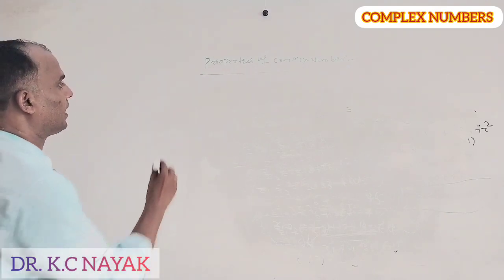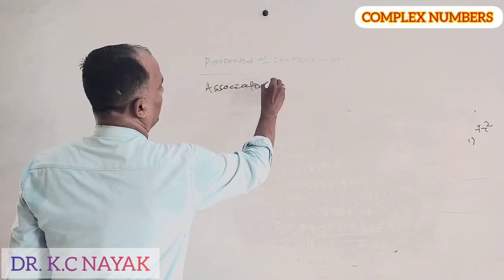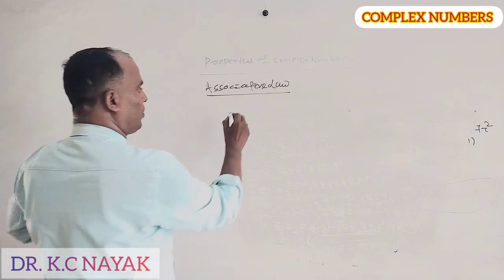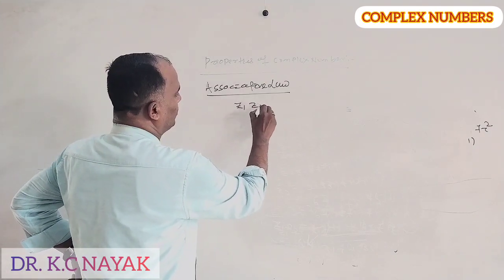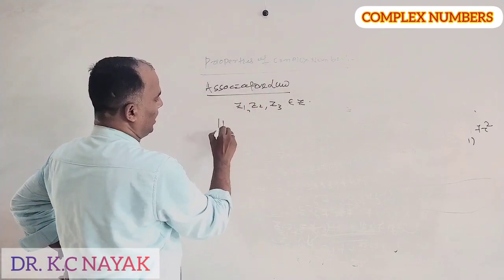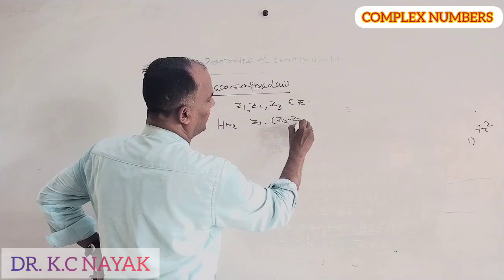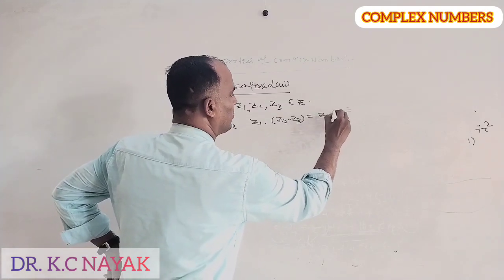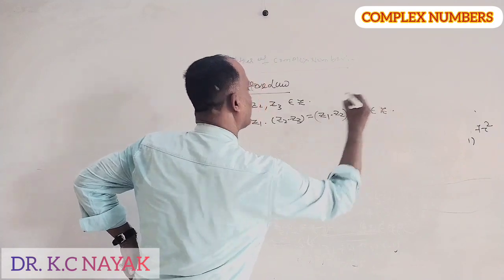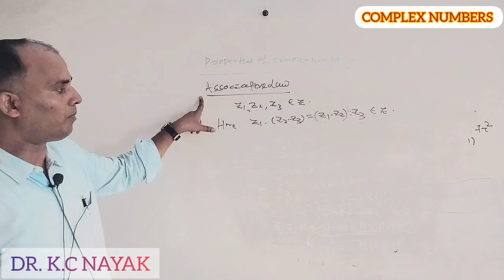Just see, suppose Z1, Z2 and Z3 belong to Z. Here (Z1 into Z2) into Z3 is equal to Z1 into (Z2 into Z3), which belongs to Z. If both sides are equal, then it is under the associative law.